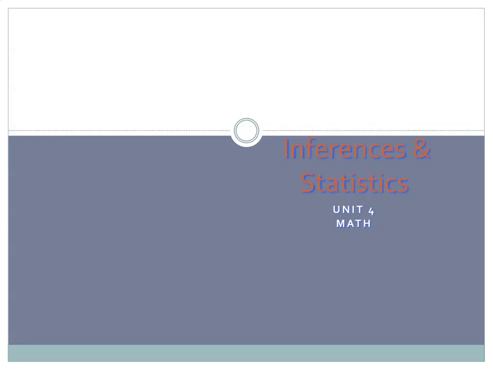Before we get going and reveal the Lesson 1 essential question, I want to talk a second about an inference and a statistic to make sure that we understand those terms. So first off, an inference. You can go ahead and jot this down on your guided notes, somewhere at the top.